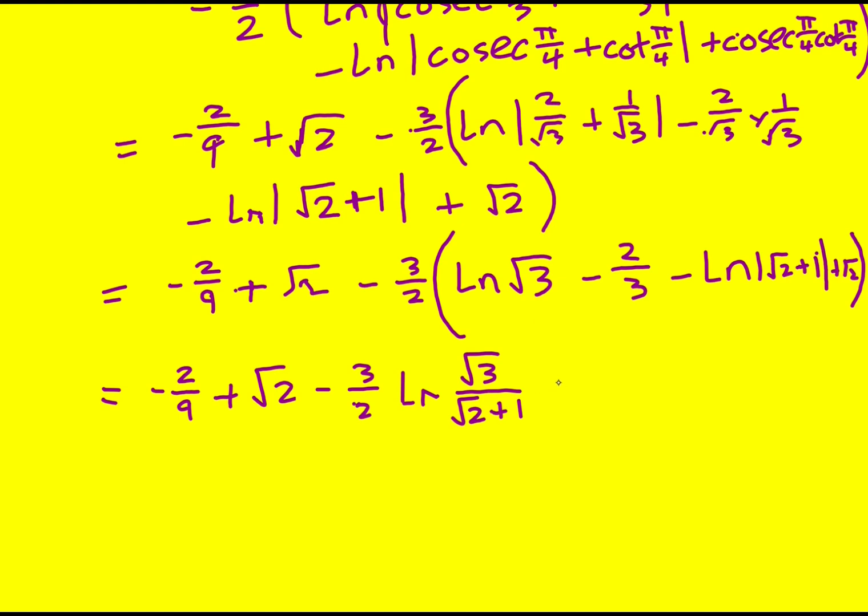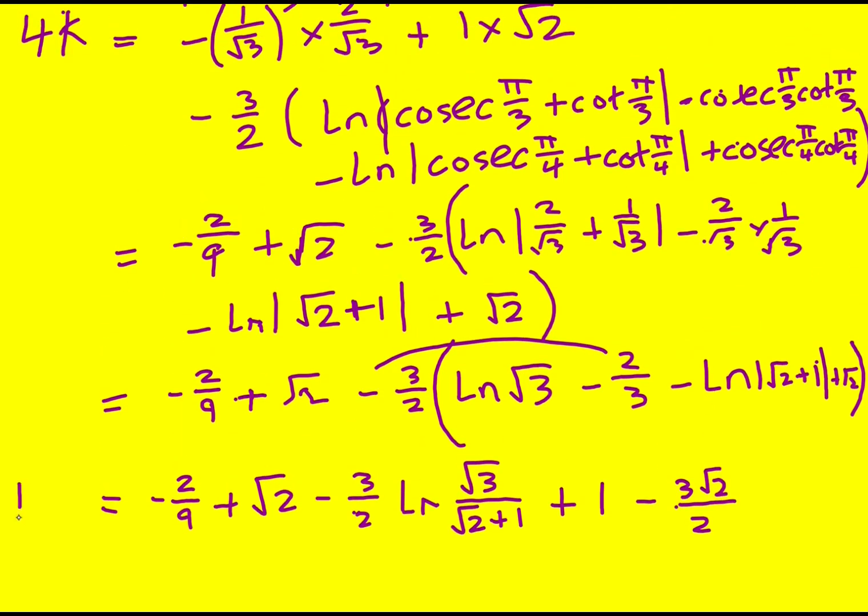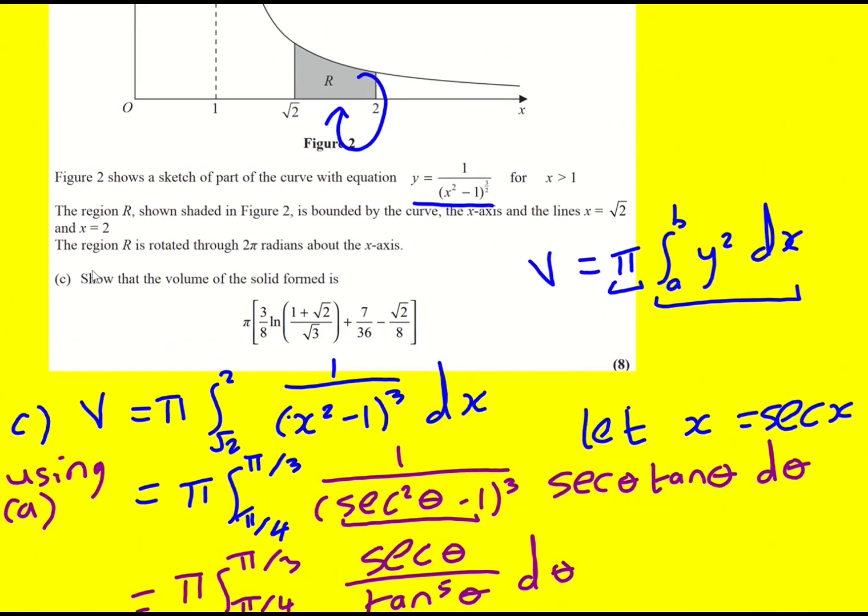Then I'll be adding 1. So I'm dealing with that, and then I'll be minusing 3 root 2 over 2. Remember, that is equal to 4k, which means that k is going to be a quarter of all of this. Now, it's definitely just worth having an eye on the answer, which is here.